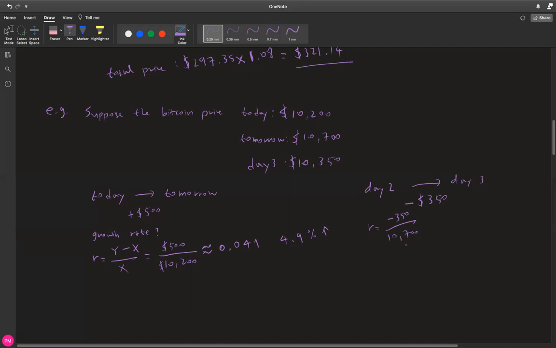Your growth rate is approximately negative 0.033, and this implies that it's a 3.3% decrease.